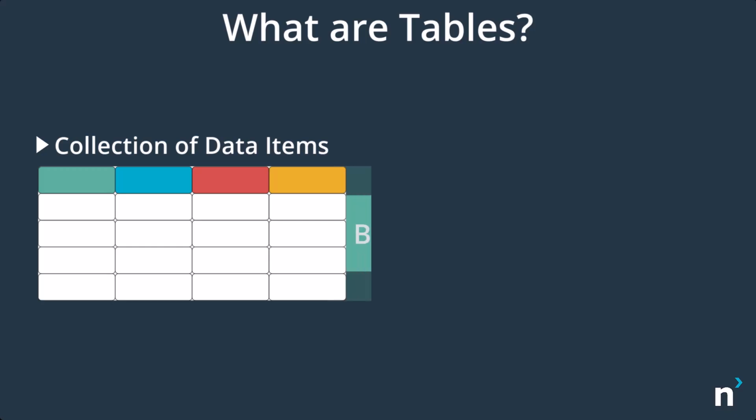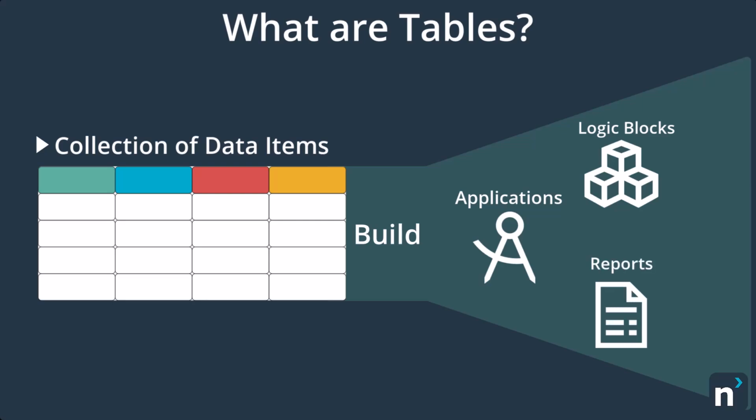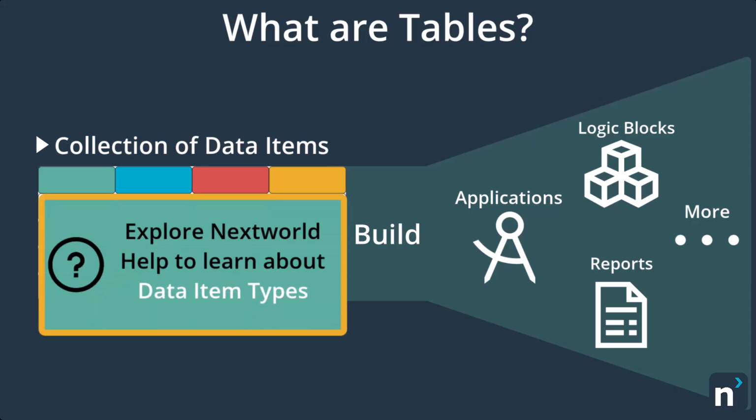You then use these tables when building applications, logic blocks, reports, and more to meet your business needs. These data items are available in many different types. Use NextWorld Help to learn more about the available data item types and how you can use them to meet your business needs.